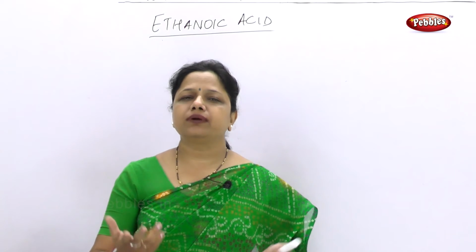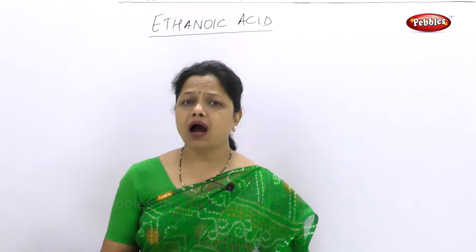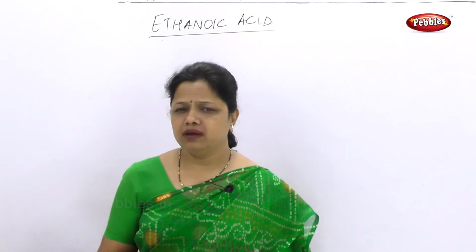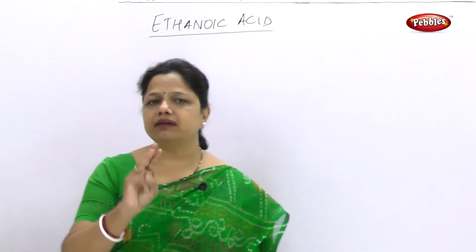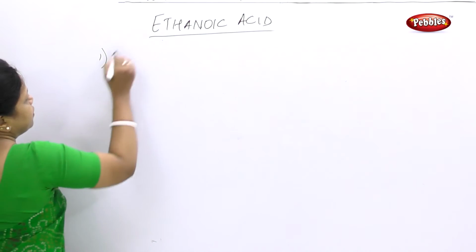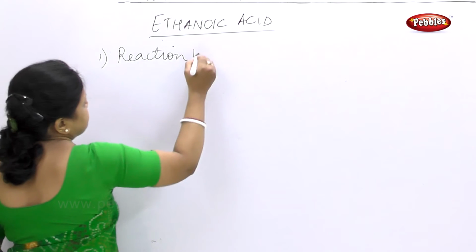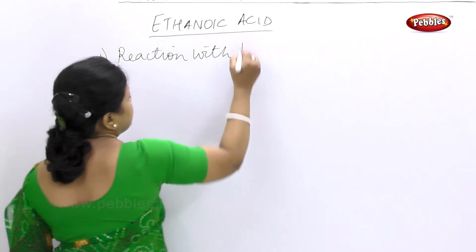Now we saw the properties and uses of acetic acid or ethanoic acid. Now how does it react chemically? We are going to see basically three types of reaction. First, reaction with halogens. What are halogens?